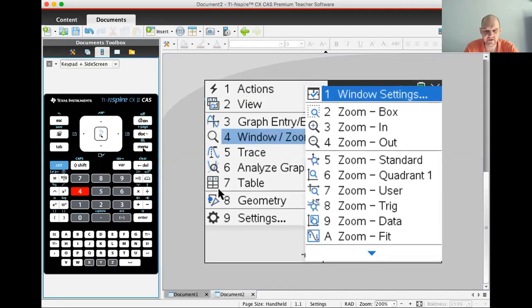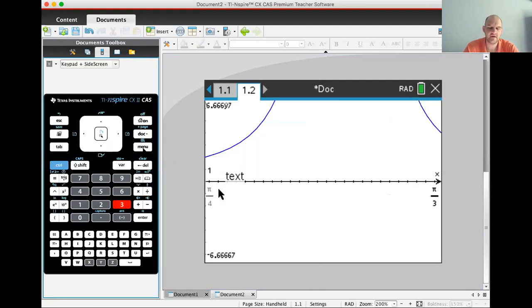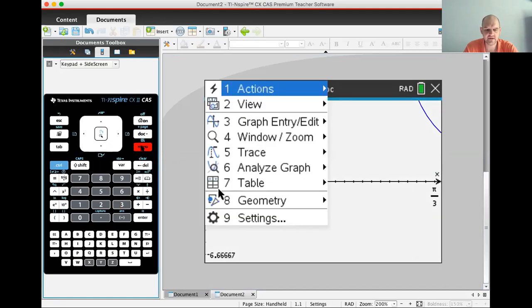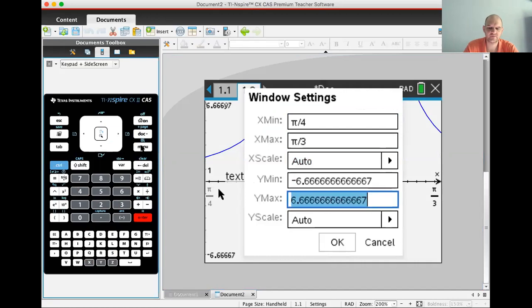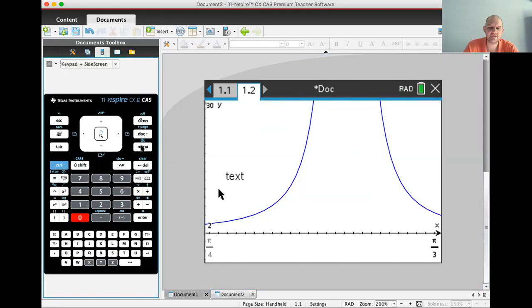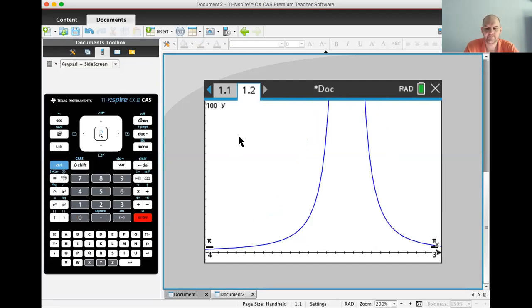So if I change the window to pi over 4 to pi over 3, and then change the y-axis window up to like 30 or something, what do you need to go up to for this to look like something? 100? There's a discontinuity in the middle. The fundamental theorem actually doesn't apply, so that's unfortunate.